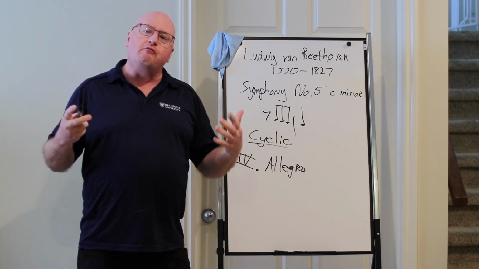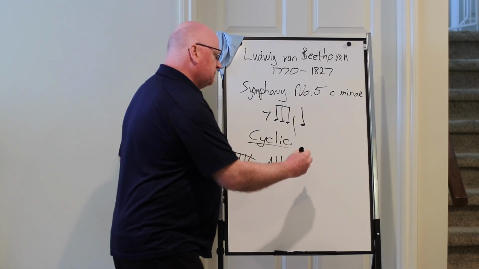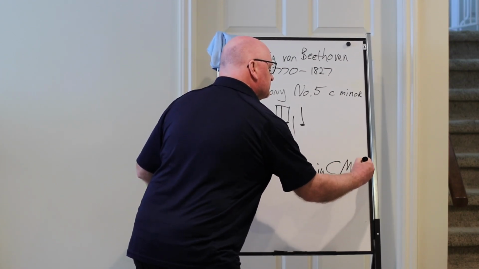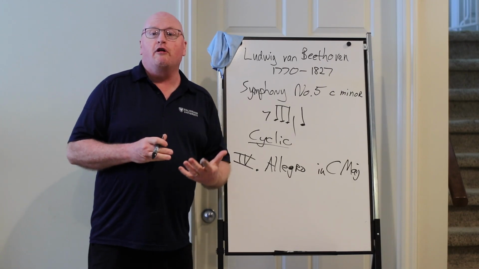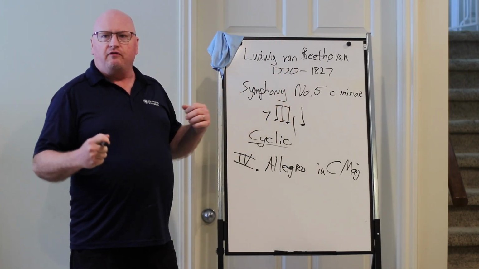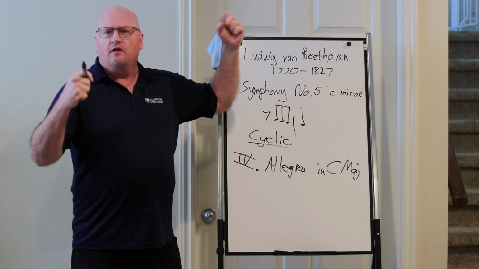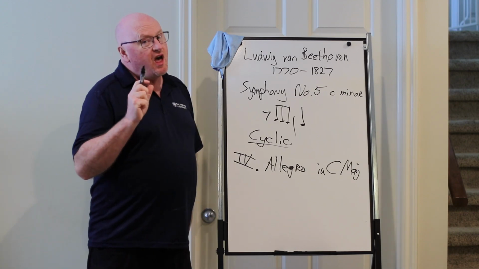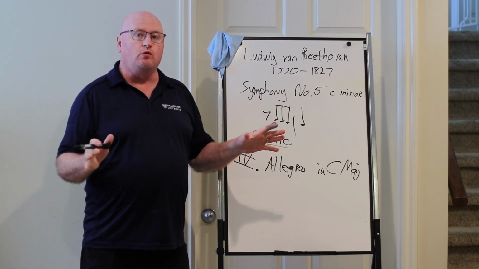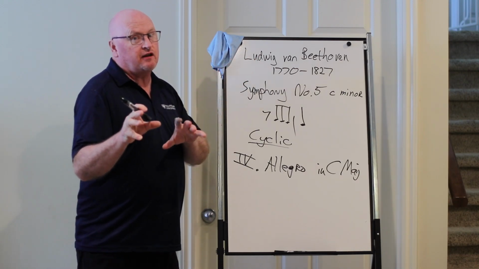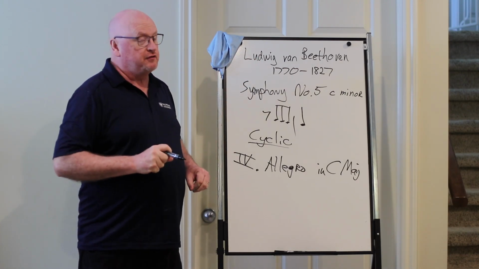And this arrival at C major represents the victory of light over darkness, major replacing minor. And this was kind of unusual for the day. And we're going to talk about this in the next part of this video.